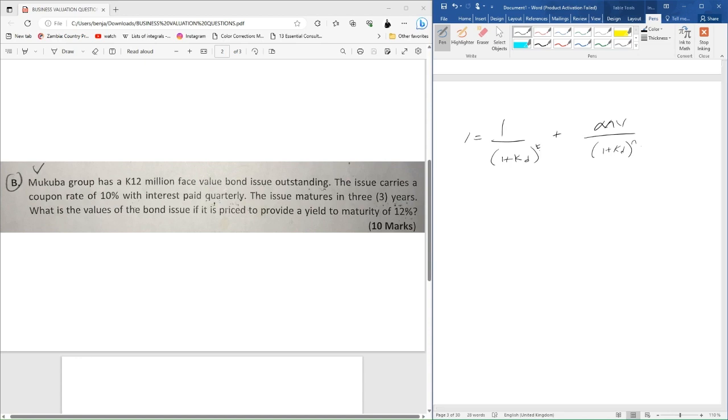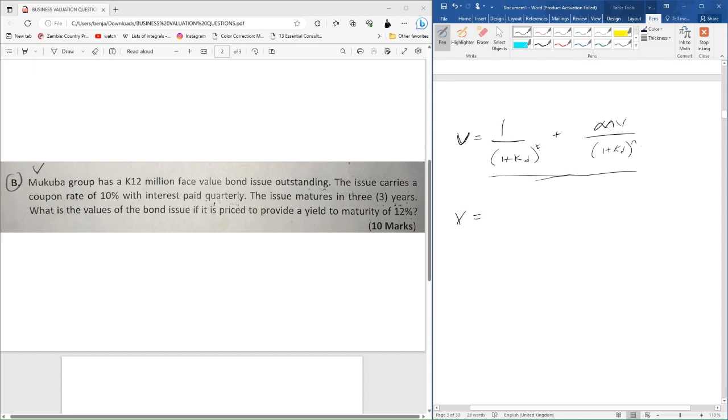Sorry, this is our V, the valuation of a bond formula. But remember, if we use this formula, it's going to take us a really long time. So we need to use something much simpler.